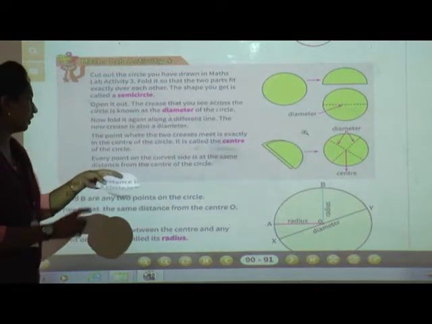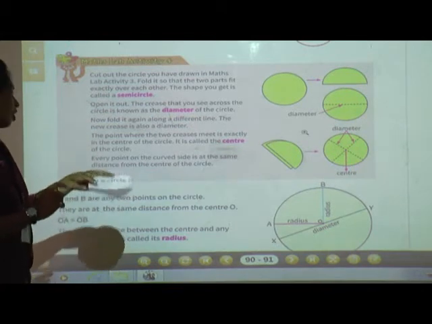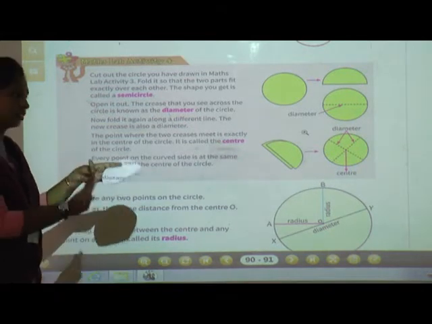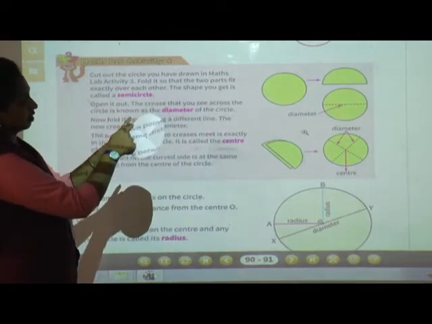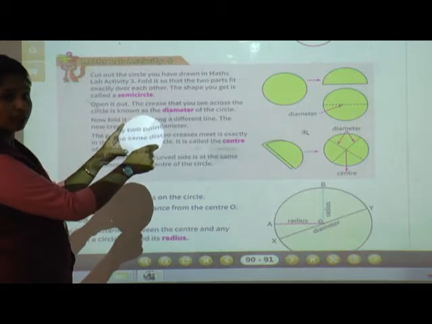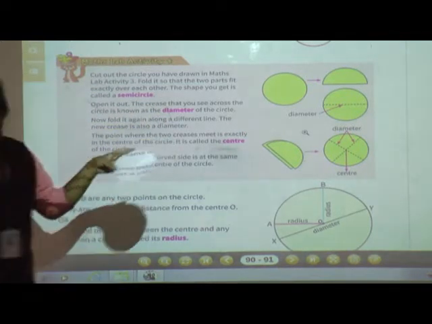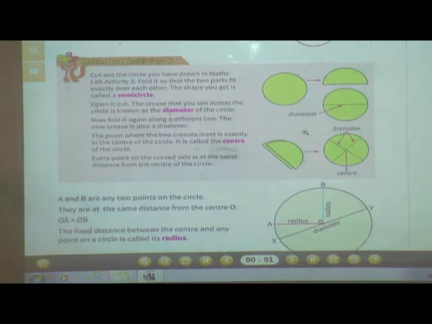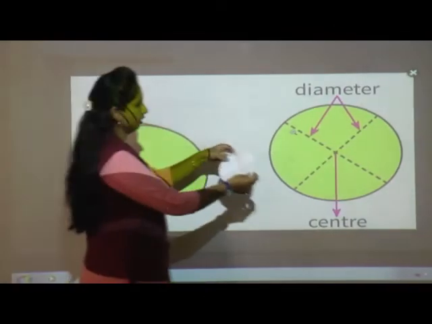Now every point on the curved side is at the same distance from the center of the circle, isn't it? Now from this, see, this line is what? Diameter. Even on this side also, diameter. Are you getting it? See, this is a circle.